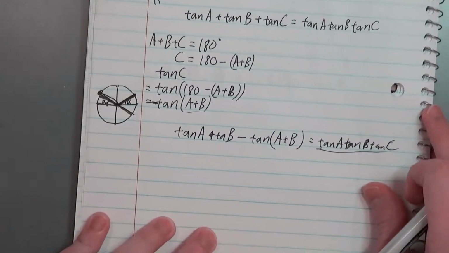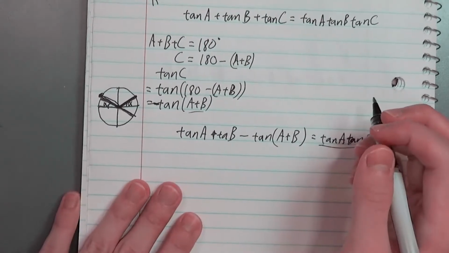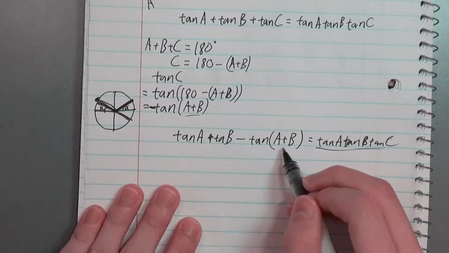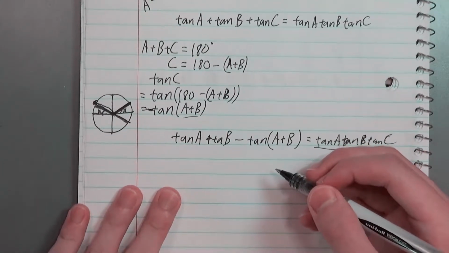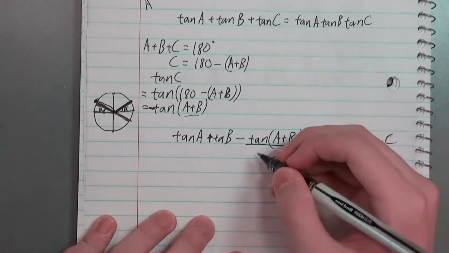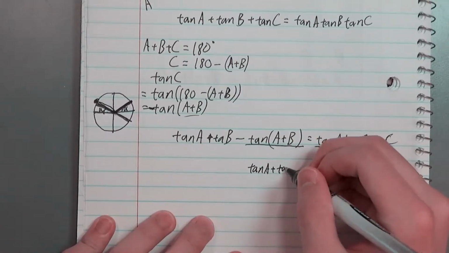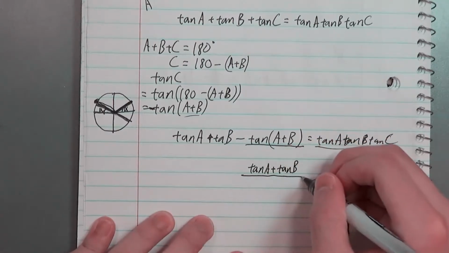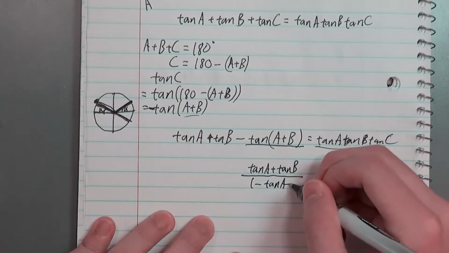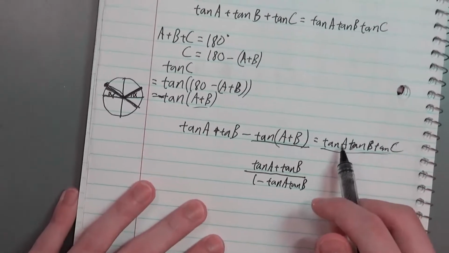So, now that we've got this done, well, not done, now what? Well, let's just simplify this first, this tangent of (A plus B). Using our trigonometric identities, we know that this part is equal to tangent of A plus tangent of B over 1 minus the tangent of A times the tangent of B. And we know that because it's a trig identity.